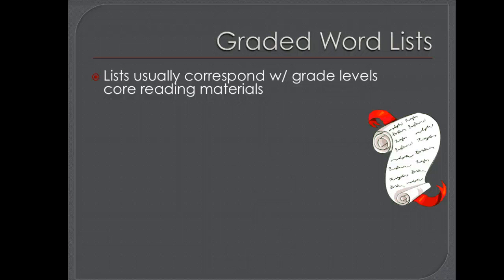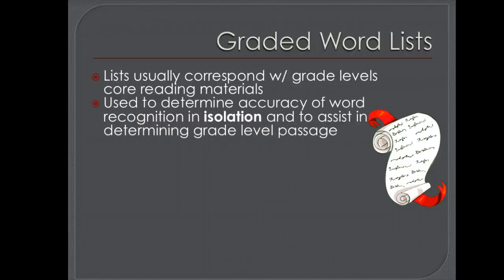These are lists that correspond with the grade level's core reading materials, and they're used to determine accuracy of word recognition in isolation. So note, isolation. So this would not be a good indicator of the student's overall reading ability. Mostly it is used to assist in finding out what grade level passage to begin with.